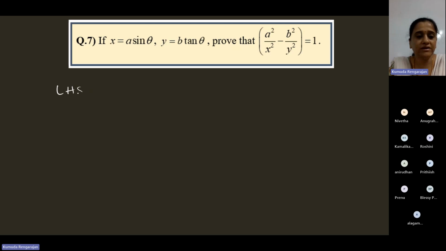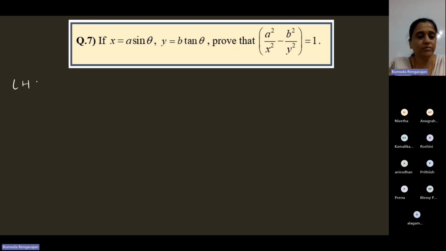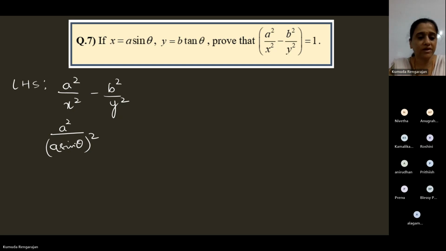So left hand side. We'll have to take up the LHS: a square by x square minus b square by y square. So a square by x is a sine theta, the whole square, x square, minus b square by y is b tan theta, then y square whole square.